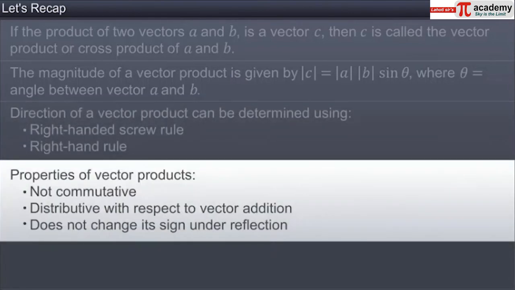Properties of vector products: not commutative, distributive with respect to vector addition, does not change its sign under reflection.